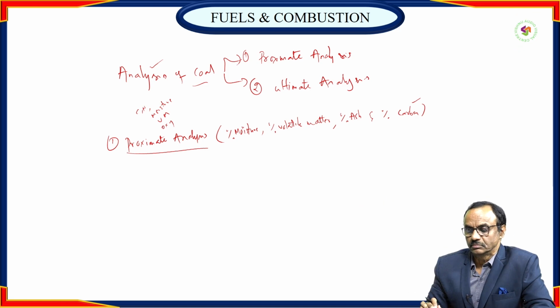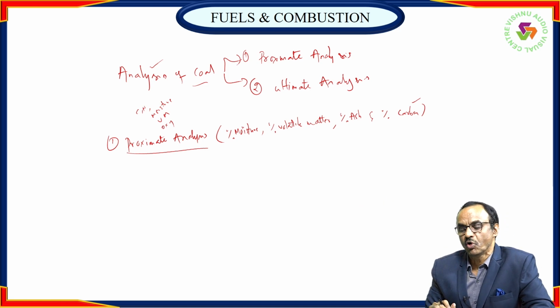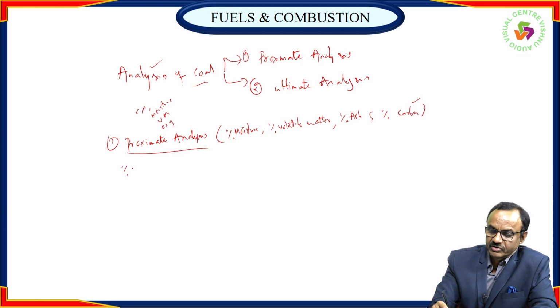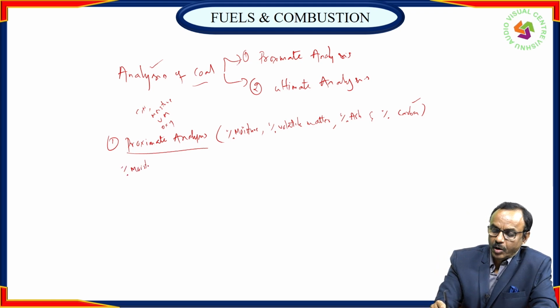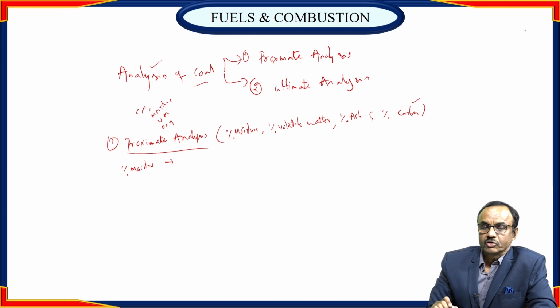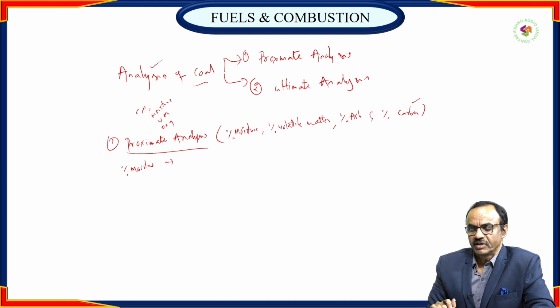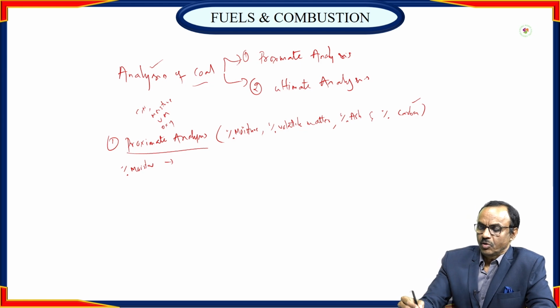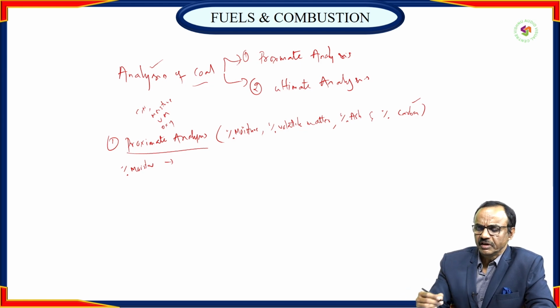Here is a brief sequence of steps involved in each component analysis. First one, moisture analysis, the percentage of moisture. You just need to write point-wise, no need to go into detail, just the sequence of steps involved in the laboratory, and that will be sufficient. The percentage of moisture we can analyze very easily.